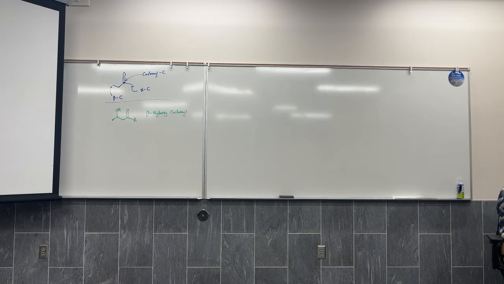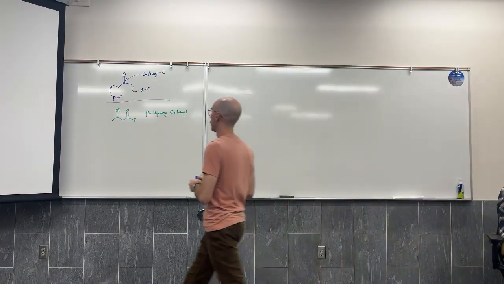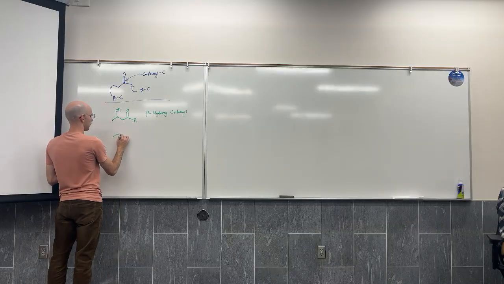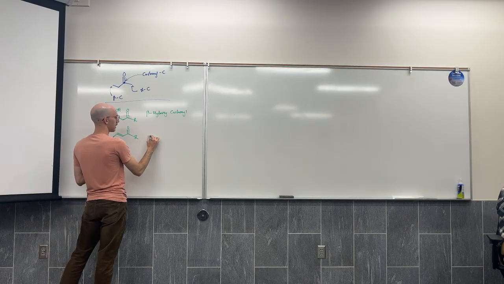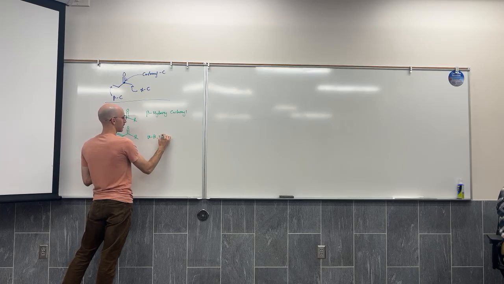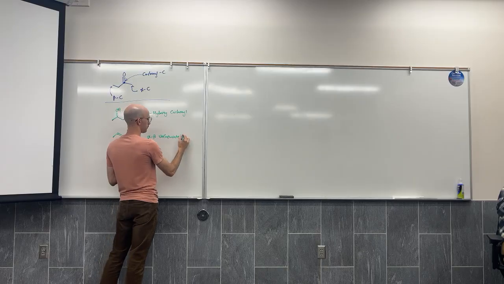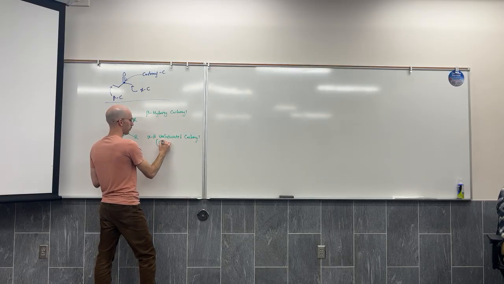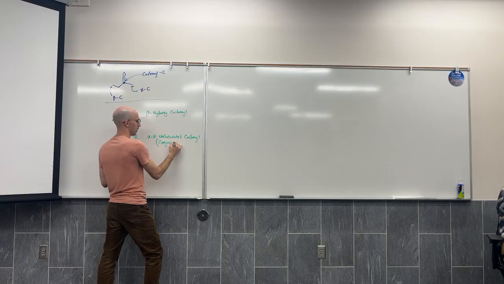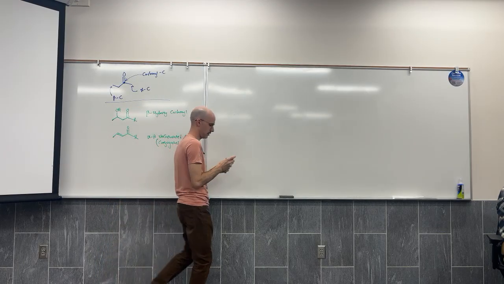Well, the beta hydroxycarbonyl is actually a precursor to another functional group that we will synthesize in this unit. It's a precursor to the alpha-beta unsaturated carbonyl, which is also referred to as a conjugated carbonyl. I would want you to feel familiar with both of those names.